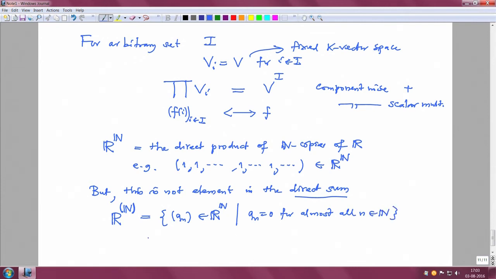This is precisely the direct sum of the family V_i, where each V_i is R and i varies in N, of R vector spaces. These two concepts are very important.